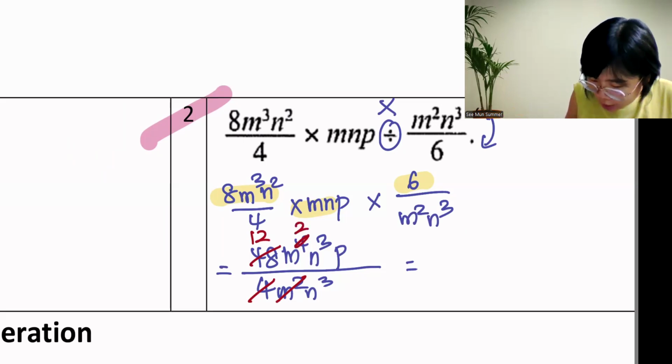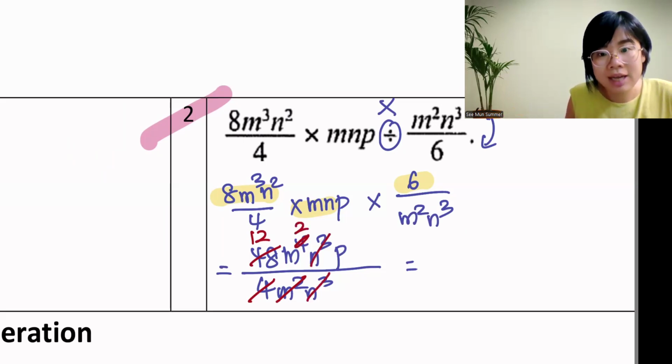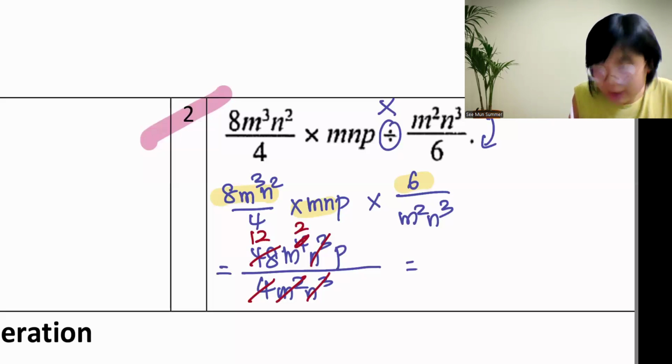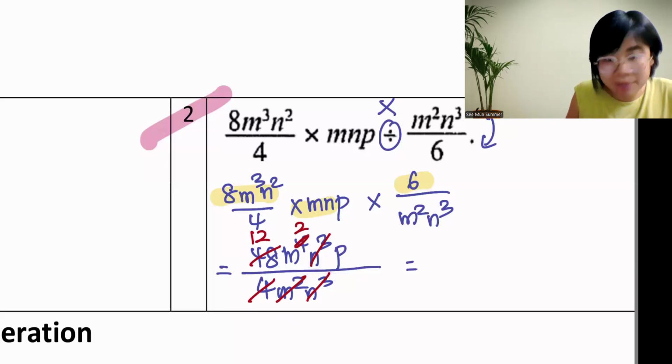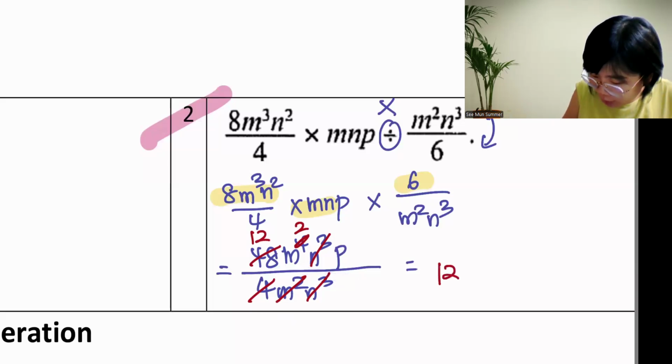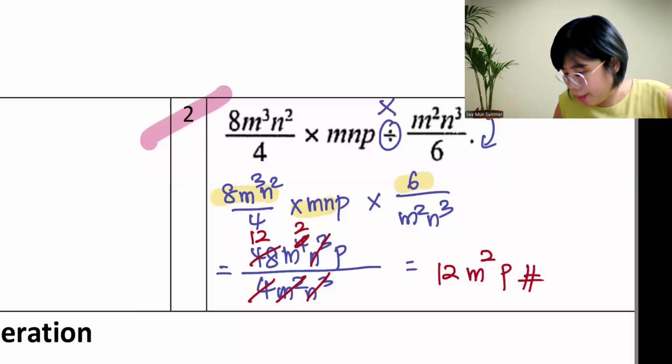And then n^3 totally remains. And then this is the rest I have. So can you see on the divide side, is there anything left over? No more, already been cancelled. So now let's tidy a bit. On top, we will have 12 and then m to the power of 2 and p. So this is my answer.